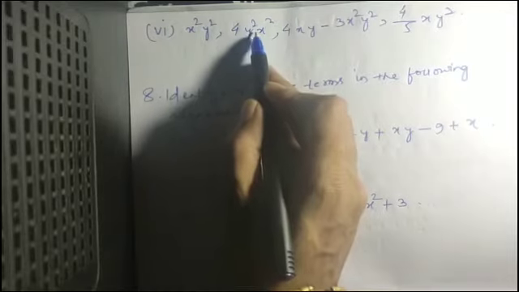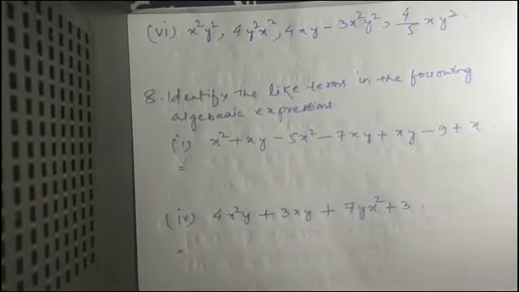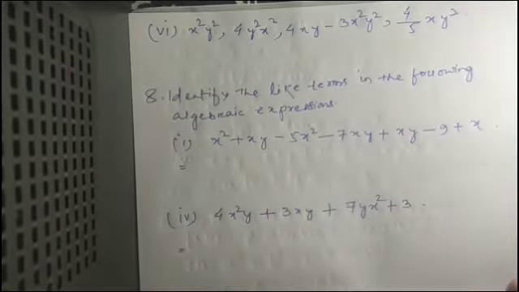Number 6. See here, number 6. X square y square. Let's see if any x square y square is there or not. Here. Though it is written inverted, since it is multiplied, 1 into 2 is also 2 into 1, right? So no problem. Same thing only. So these two are the same term.